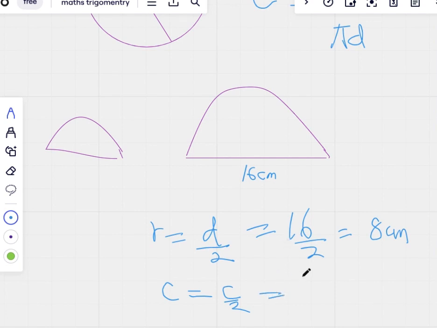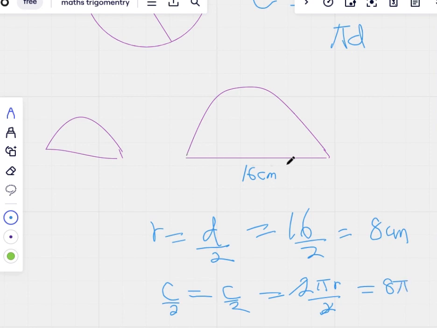If we divide by 2, we just have pi r. They say we should leave our answer in terms of pi. The radius is 8, so 8 times pi is 8 pi. So we get our semicircle arc to be 8 pi.